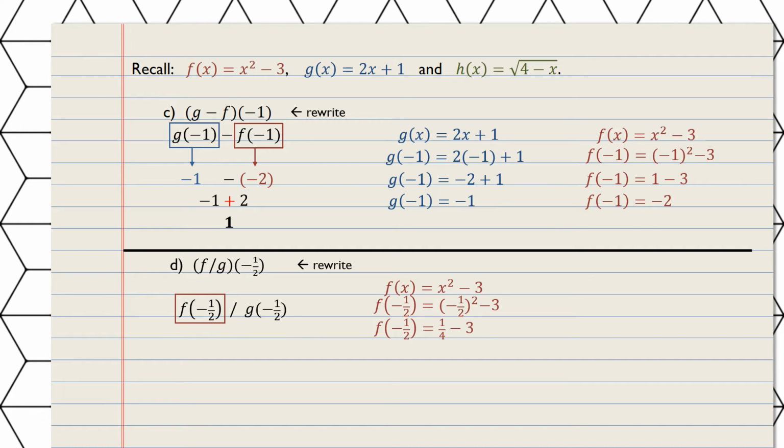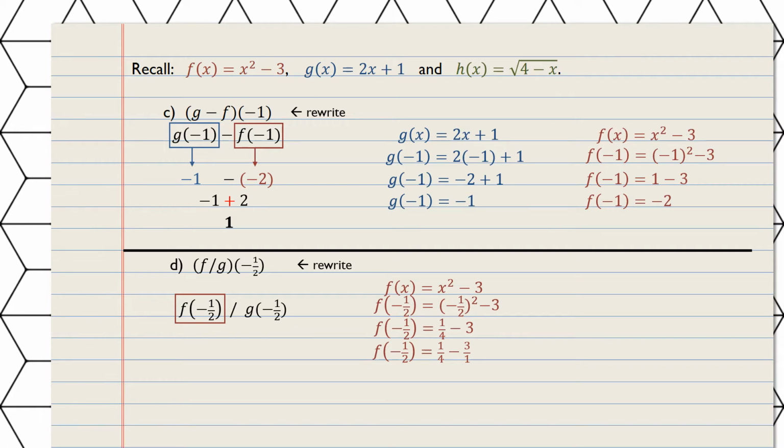So it becomes 1/4. And then we still have the minus 3. We have no multiplication or division, but we do have addition and subtraction. The problem is 1/4 is a fraction and 3 is not. So we need to make 3 into a fraction, and we do that by placing 3 over 1.